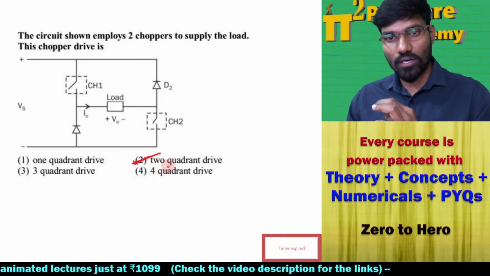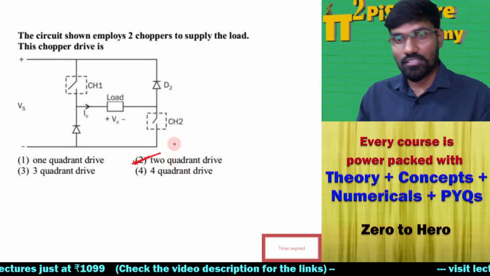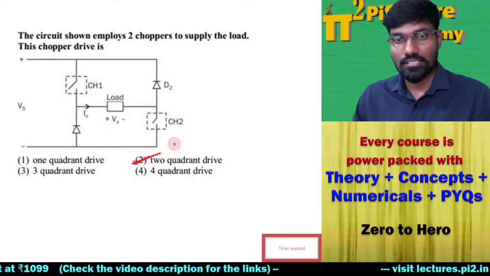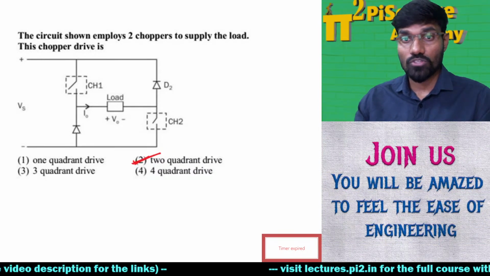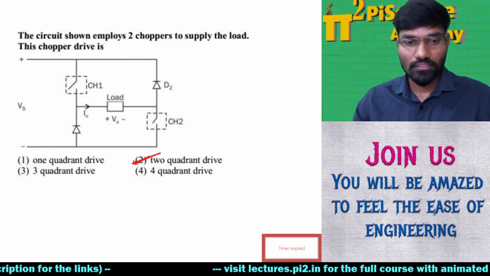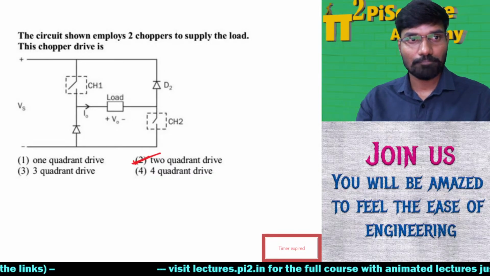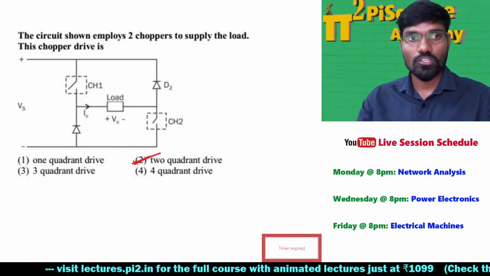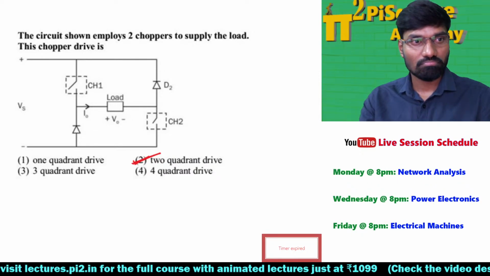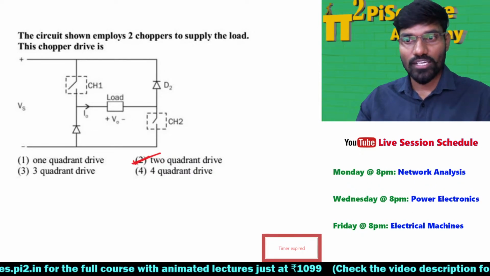Of course, it is 2-quadrant, and what are those quadrants? I'm listening, you're not saying. No answers. What are you guys doing?